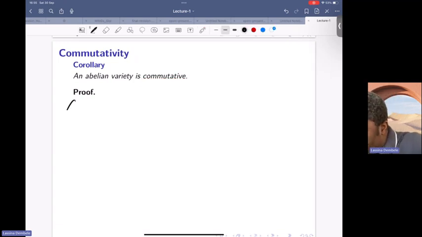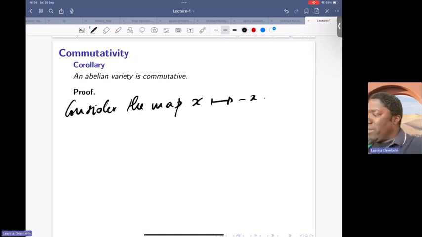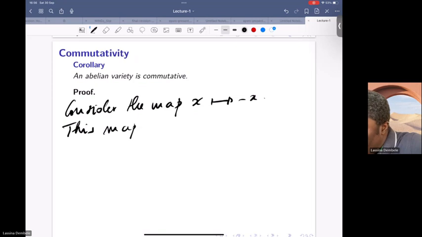In that case, we consider the following map, which sends x to minus x. Then we see that this map would have to be a group homomorphism.